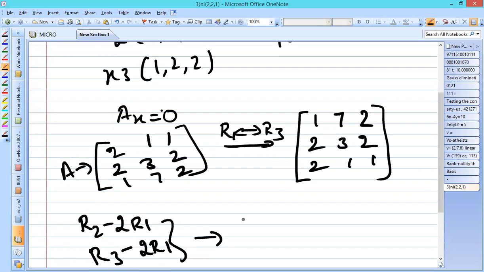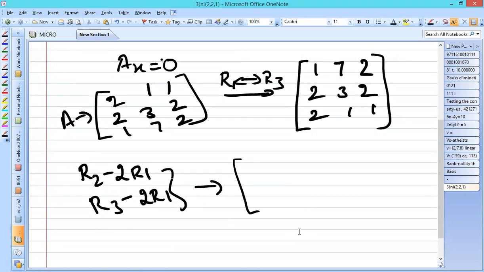Tell me what you get. We know that X1, X2, X3 are going to form a basis, but we are going to prove it with the help of the row echelon method. 1, 7, 2 doesn't change. The second row becomes 0, minus 11, minus 2, and the third row 0, minus 13, minus 3.